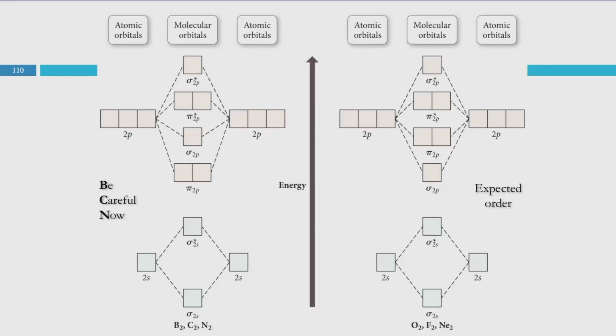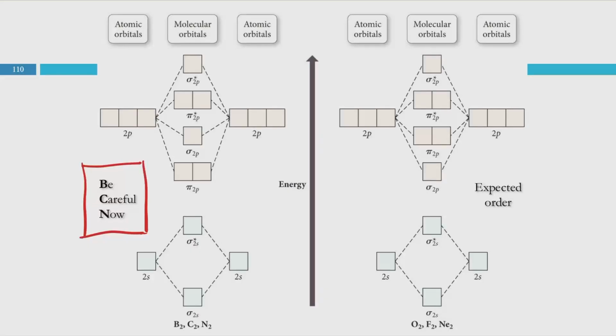The ones that are weird are boron, carbon, and nitrogen. The mnemonic is be careful now, which I imagine in like an old-timey voice, be careful now, for some reason. And the reason that this one's weird is because the sigma bonding and the pi bonding are flipped. The antibonding is the same.